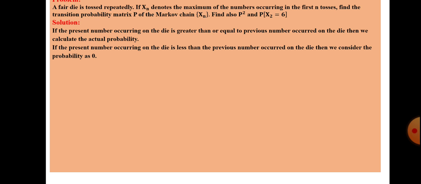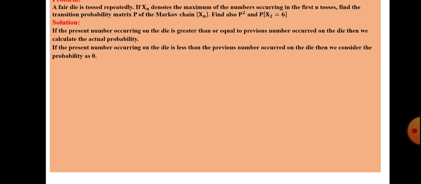Suppose you roll the die and get 6, which is greater than all the other numbers from the previous roll.